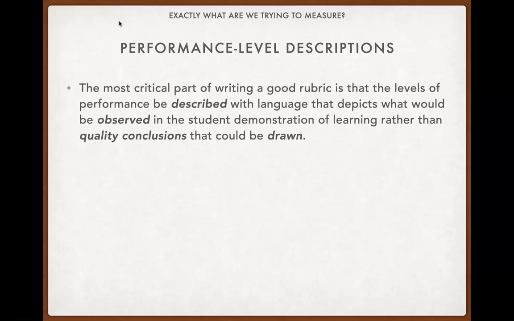We want to be able to observe these descriptors specifically in the student's demonstration of their learning. In most cases, we want general descriptions. Again, we don't want the counting thing going on or very detailed pieces that we're looking for here. We want general descriptions of what we're looking for.